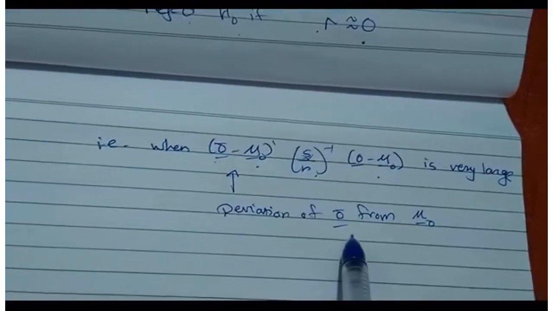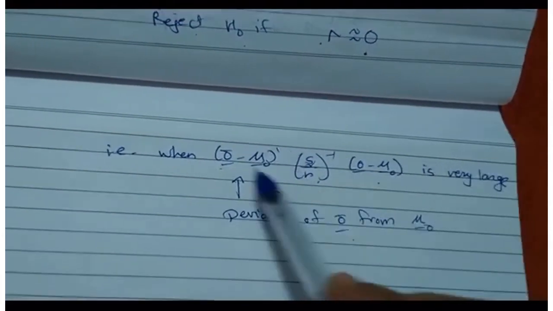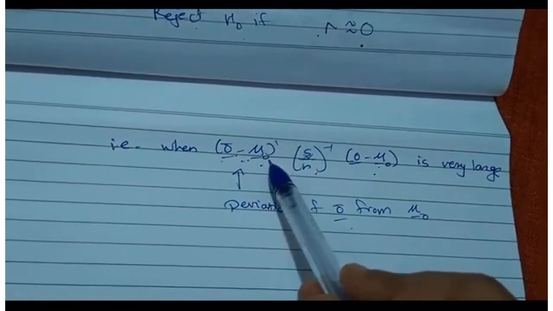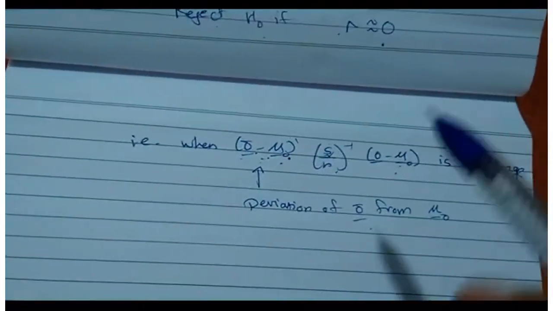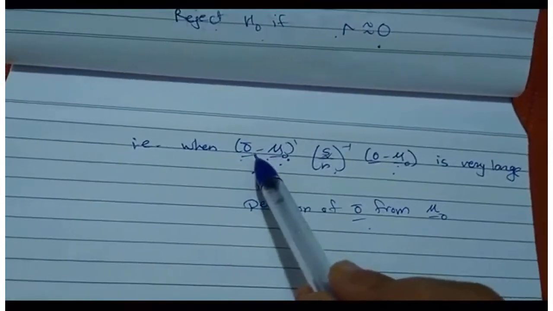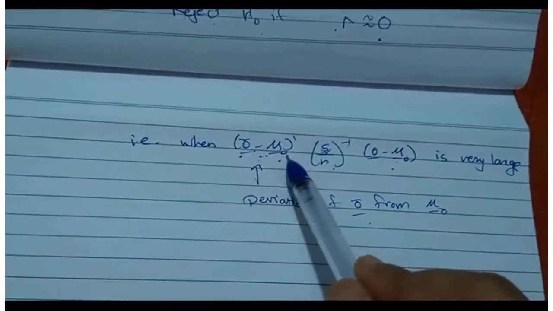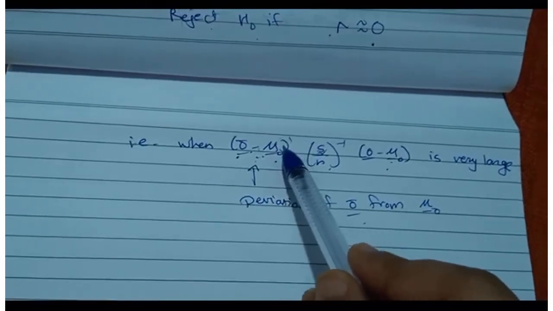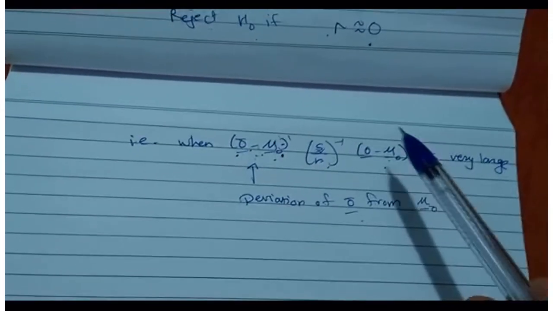As a result, we are having squared deviation of O bar from mu naught. So if that is large, then we would tend to reject H naught, which makes sense. That is, if the sample mean is far away from the population mean under H naught, then we would say that H naught is probably wrong. So it should be rejected.